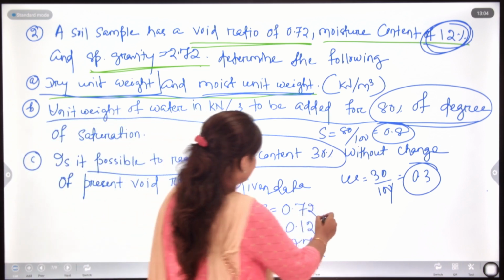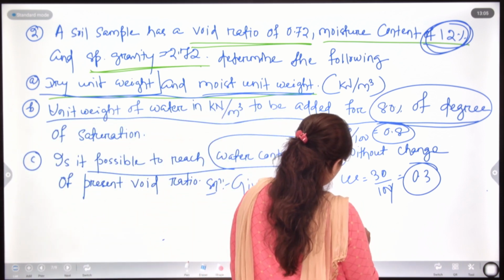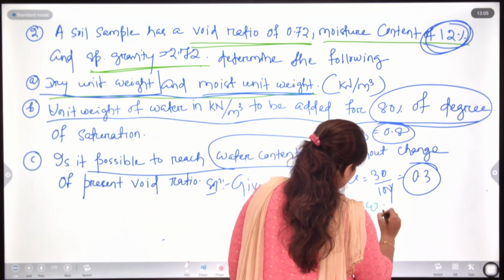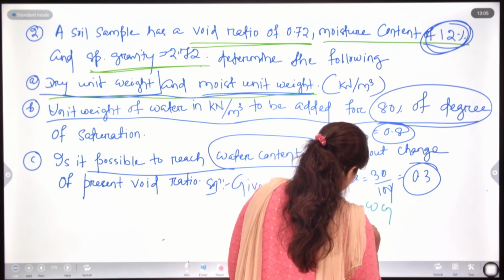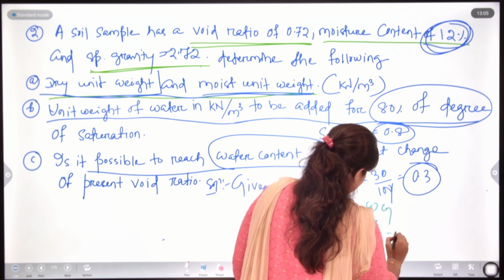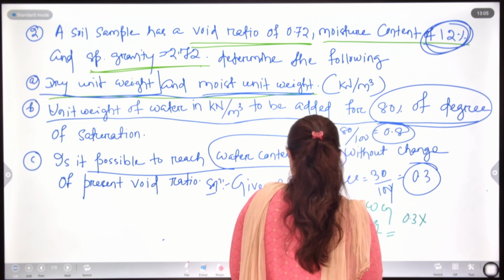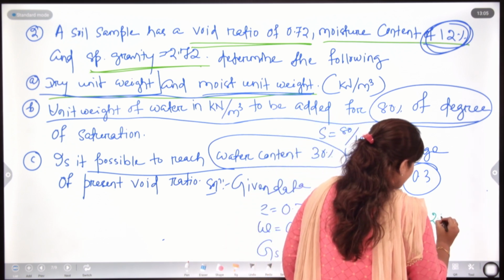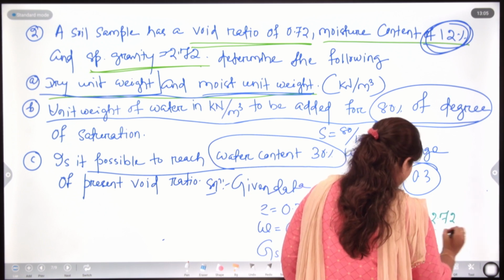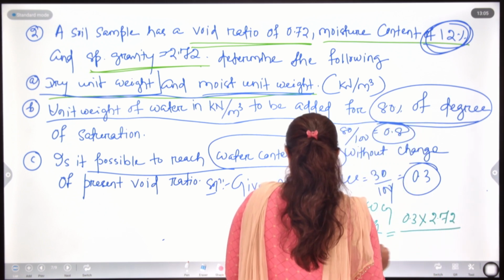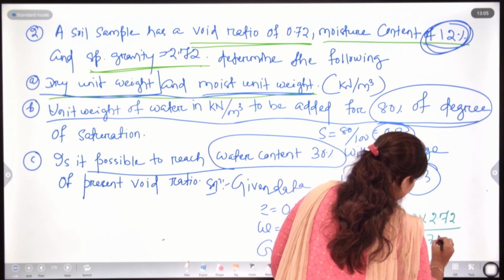Since Se equals wG, S will be wG upon e. The w value is given as 0.3, multiplied with G, 2.72, upon e, your 0.72.